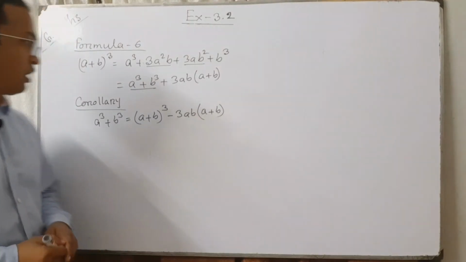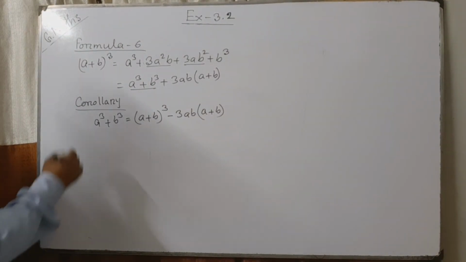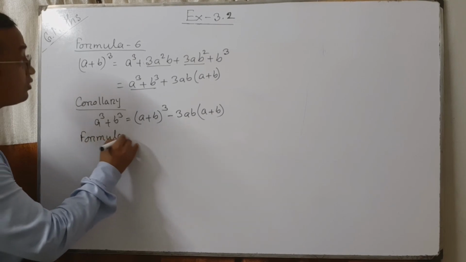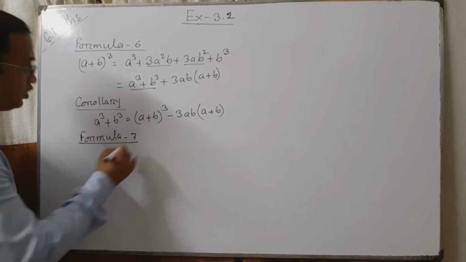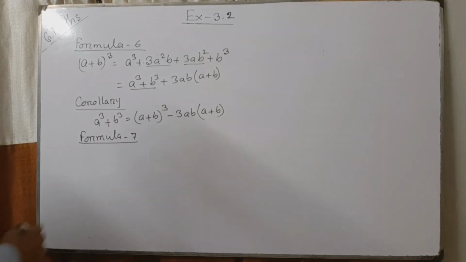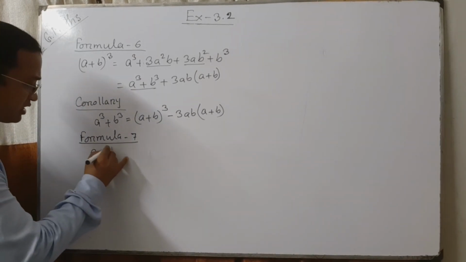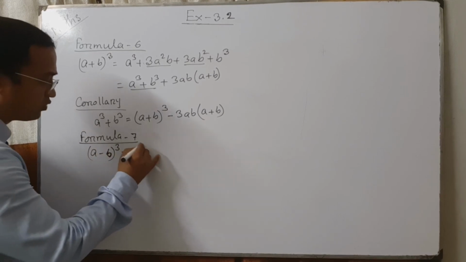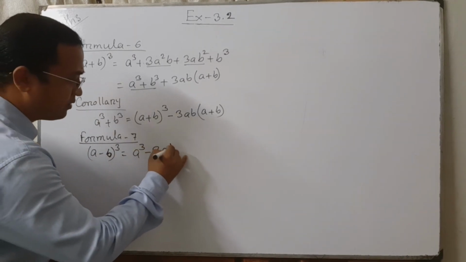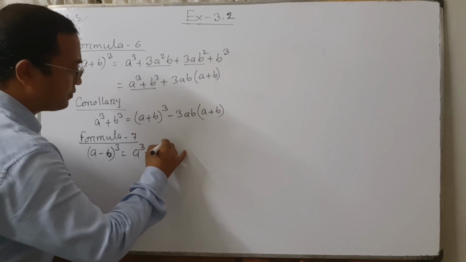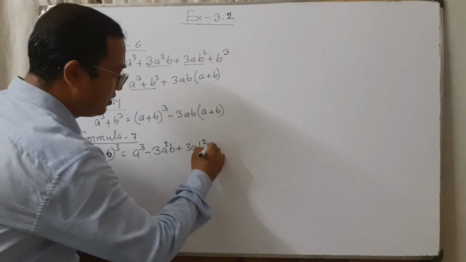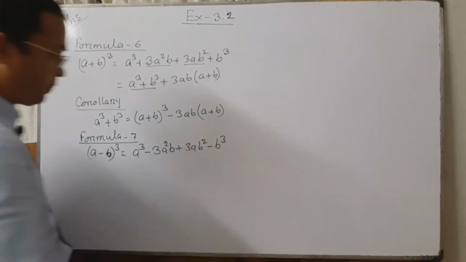My dear students, now formula number 7. Look, this was a plus b whole cube. Now we will find a minus b whole cube. That is a cube minus 3a square b plus 3ab square minus b cube.